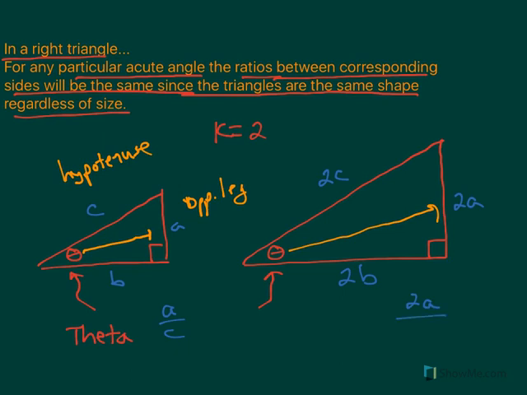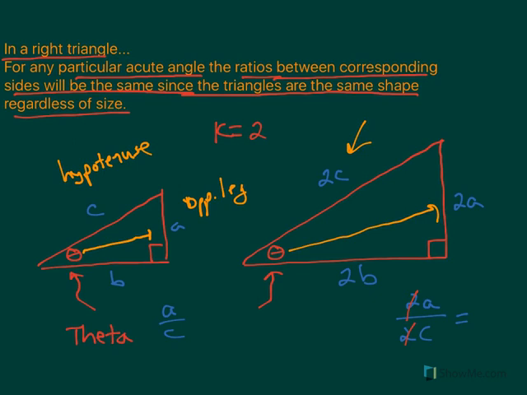And if we look at the hypotenuse, then it's going to be 2C. But notice if we simplify this 2A to 2C ratio, then you're right back to the basic A to C ratio.